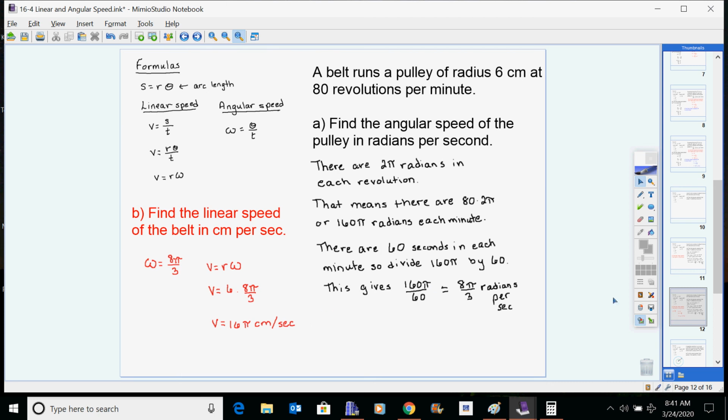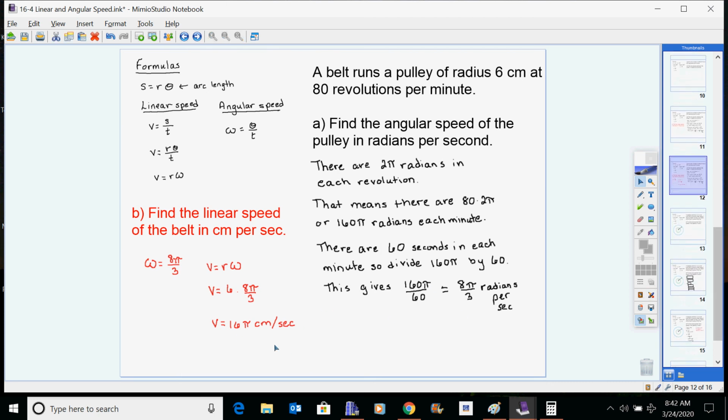If you needed to get an actual decimal form, you could just take 16 times 3.14 if you had a truly dumb calculator, and that would give you a close enough number to help you if you needed to. But leaving things in terms of pi is really right where we are right now, and I want you thinking in terms of pi. So let's just make sure that you're able to leave your answer in terms of pi. Okay.